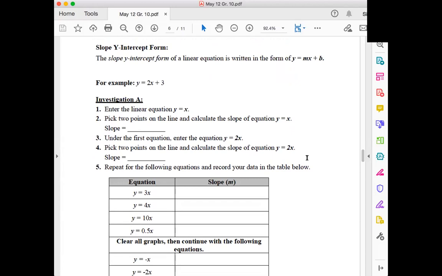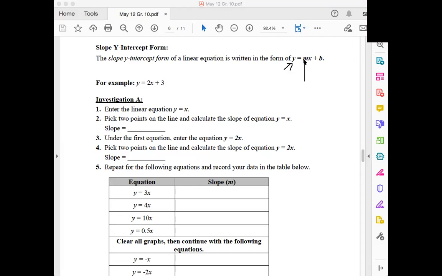So the slope y-intercept form of a linear equation, linear meaning that on the graph it becomes a line, is written in the form of y = mx + b. So when we look at our equation here, we know that y is our dependent variable.